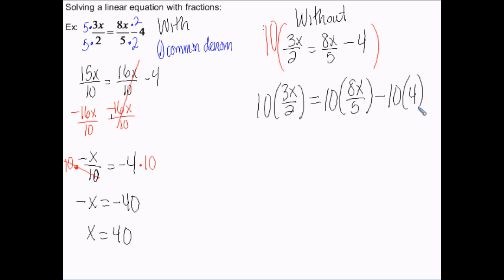I'm going to multiply every single individual item by 10. And here's how that gets rid of the fraction. 2 goes into 10 5 times. Now that 2 is gone. 5 goes into 10 2 times. That 5 is gone. And now I multiply here and here. And I now have 15x is equal to 16x minus 40.